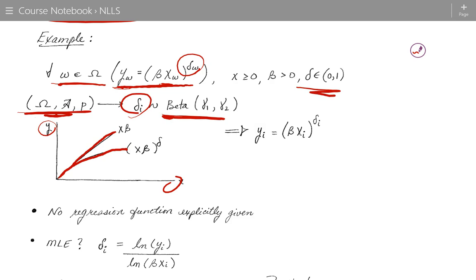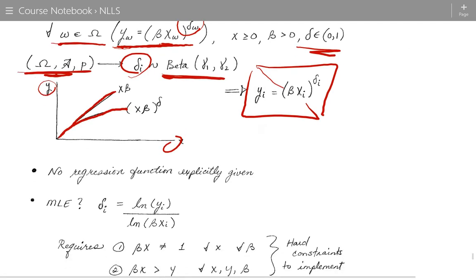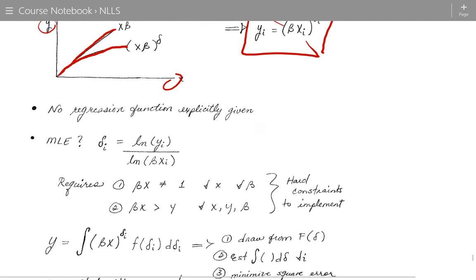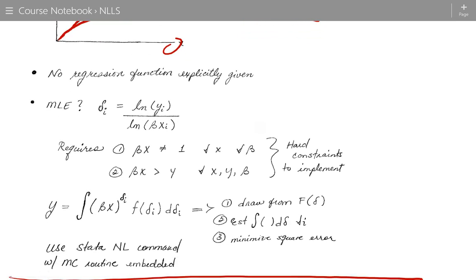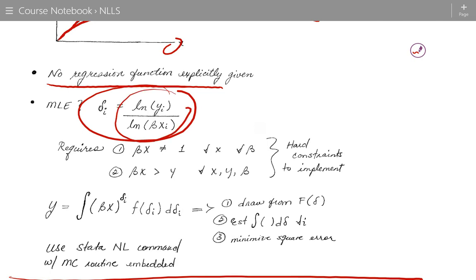So what we have is y is equal to beta x_i to the delta. So we're not going to specify a regression function explicitly. And here delta_i itself has a distribution. It's a beta distribution, but delta_i is equal to log y_i divided by log beta x_i.